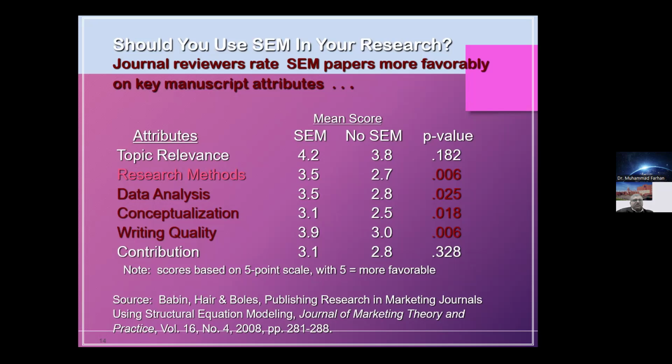So it means that if these values are higher, then on the other side, when you are going to decide whether you will publish this study in your journal, as an editorial board member or probably as a reviewer, the clear recommendation here is to go for structural equation modeling.